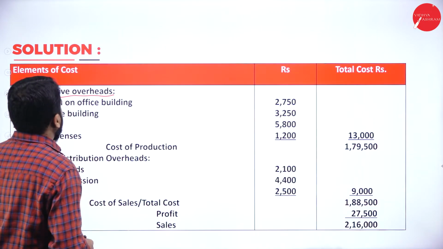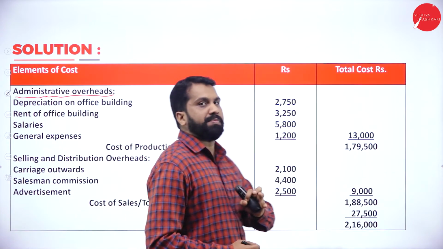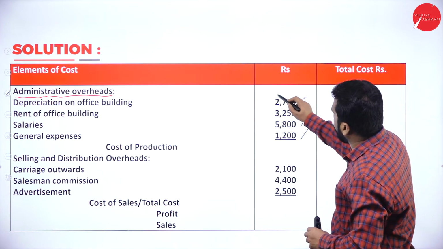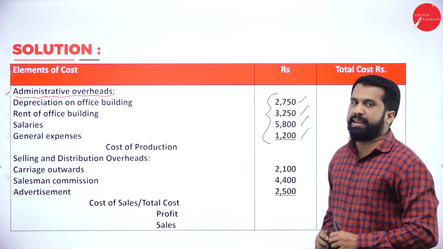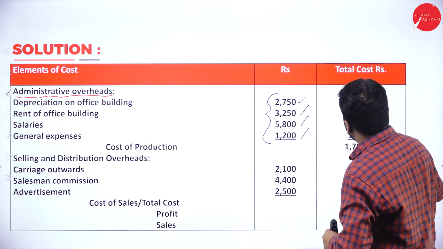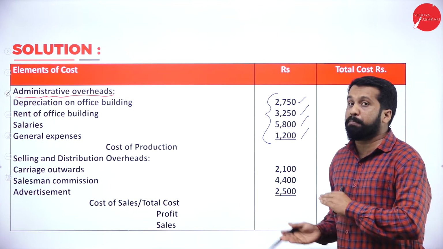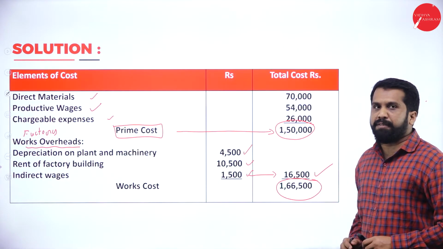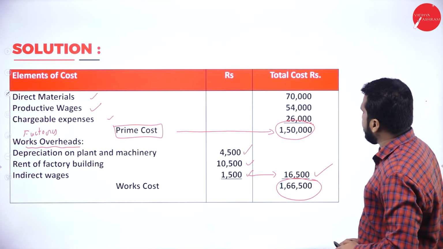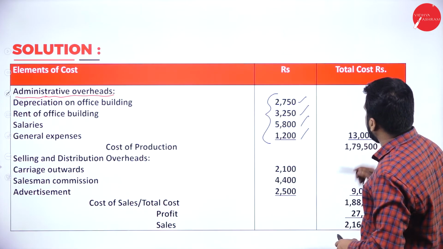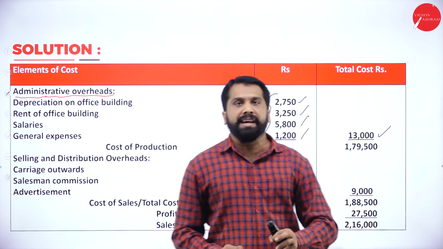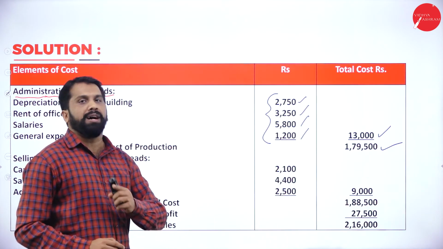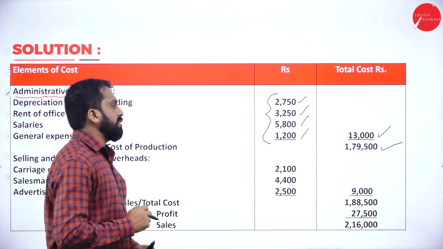Now, see, your administration or office expenses, we have taken this. Total, we have taken 4 items. What is the total of 4 items? 13,000. What was your previous total? 1,66,500. Now, for 1,66,500, add this 13,000, you will get 1,79,500. Hope you understood. Clear? Yes.